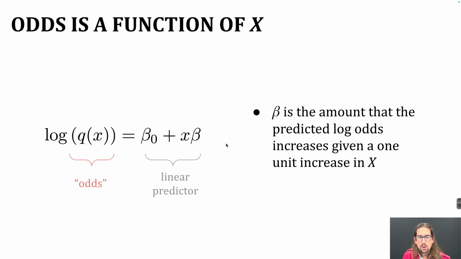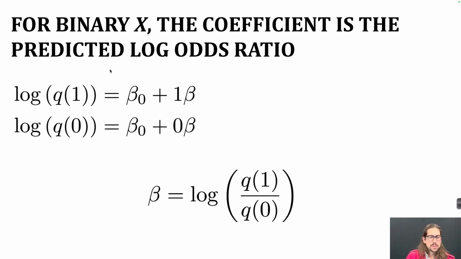So let's think about now what happens if I have a binary predictor. So little x only takes the values 1 or 0. For example, if little x is a treatment indicator of whether somebody got a drug or placebo, or, as in that problem that we were doing before, an indicator of whether somebody got fresh blood or older blood in their transfusion, any kind of binary predictor. What happens here?